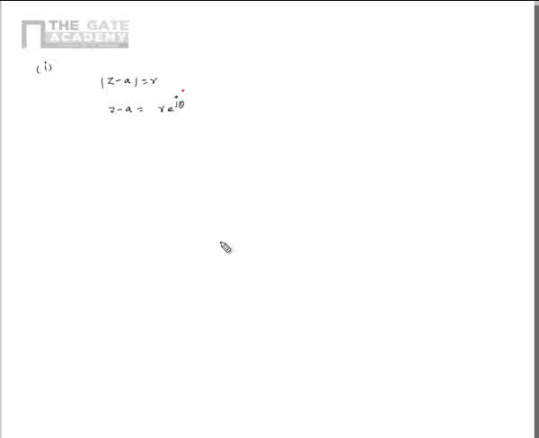So this describes an equation of a circle with a as the center. The center is represented by the complex number a, and z is any point on the circle corresponding to the complex number z, so this becomes the radius r and this becomes the angle theta.